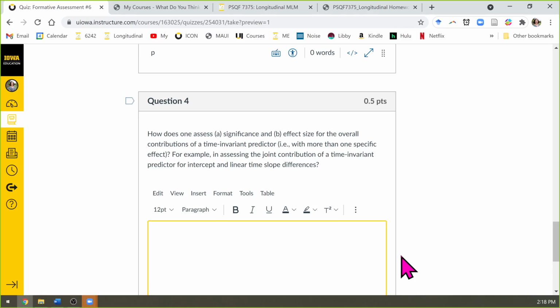So how can I do a significance test for more than one slope at a time? I can think of two ways to do it. What do you think, though? How can I do a significance test of more than one slope at a time?